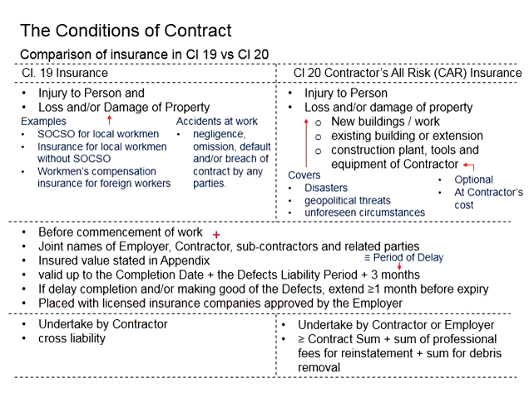The insurance will need to be in place before the commencement of the work, both the accident insurance as well as the contractor's all risk insurance. There will be joint names between the employer, contractor, subcontractor, and other related parties. The amount insured will be clearly stated in the appendix of the tender document.